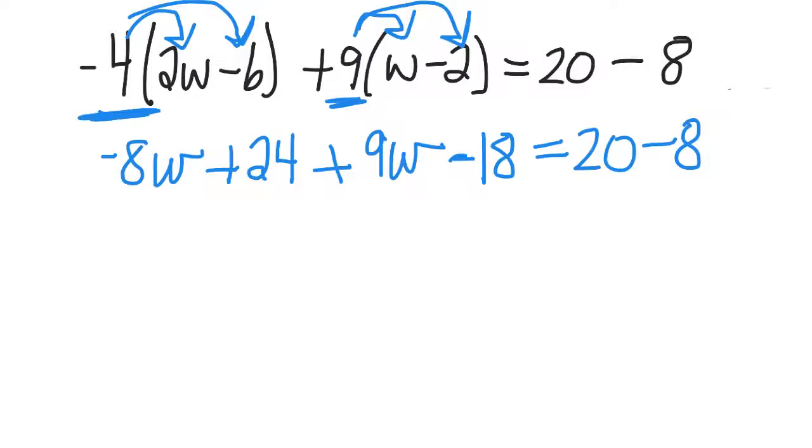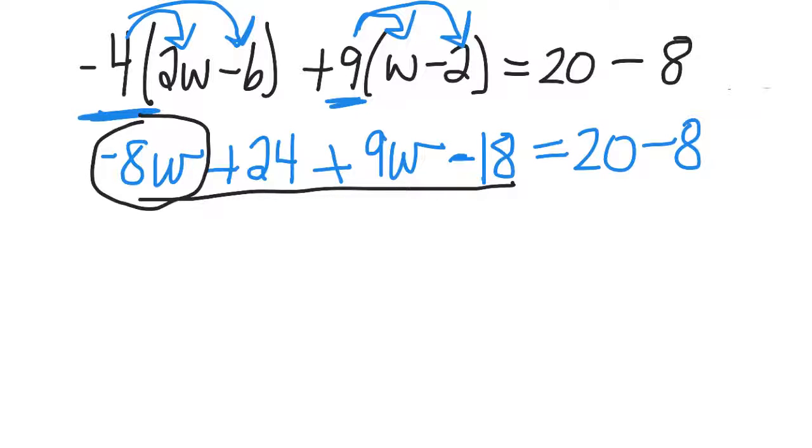Okay, now the next thing I need to do is combine like terms on either side of the equal sign. I'm staying on either side of the equal sign this time. I'm not going to cross the equal sign. On this side, I notice that I have a negative 8w and a 9w.